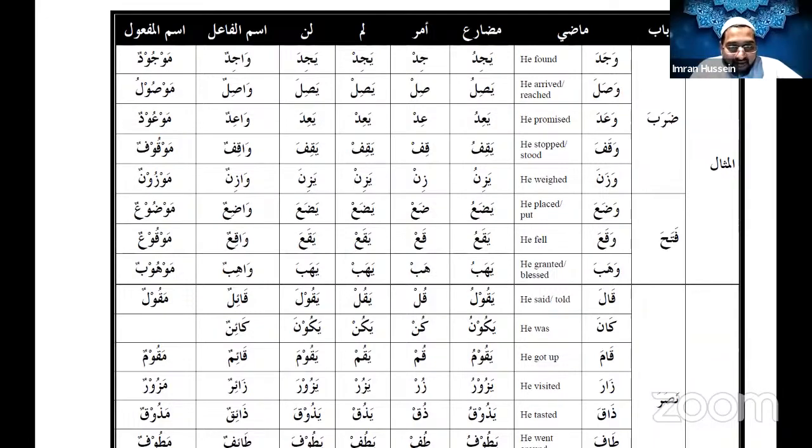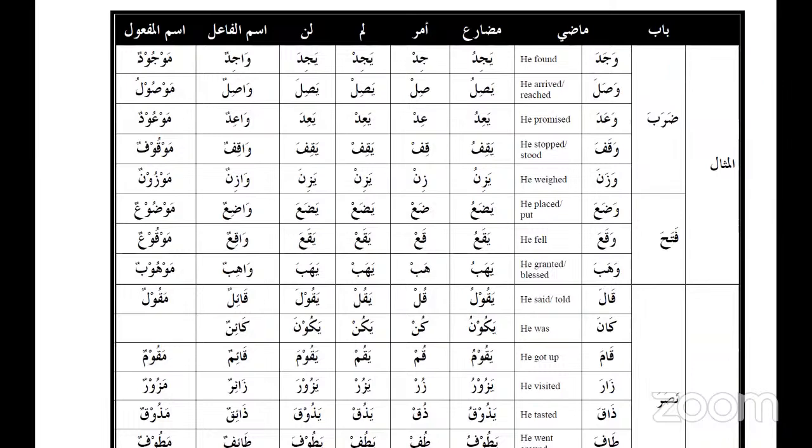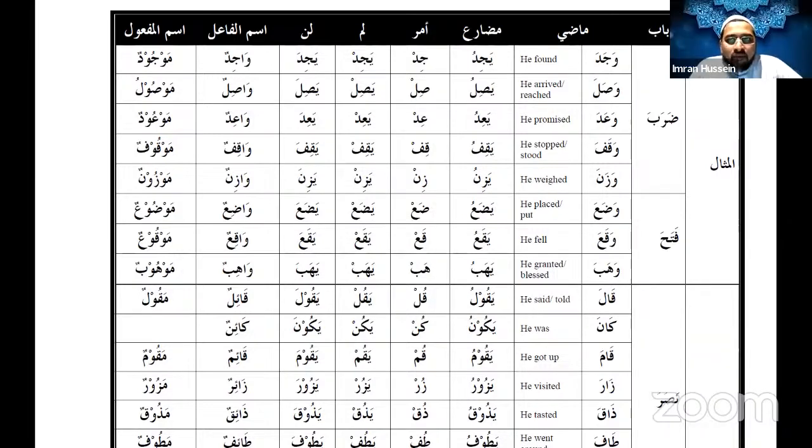Are there many other verbs like that we have to memorize? No, it's only a handful. Akhadha ya'khudhu is one of them, khudh. Sa'ala yas'alu, sal. There are some popular ones. But it's important that you know them, because otherwise you'll be confused.